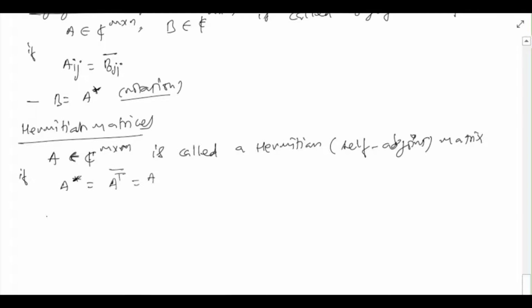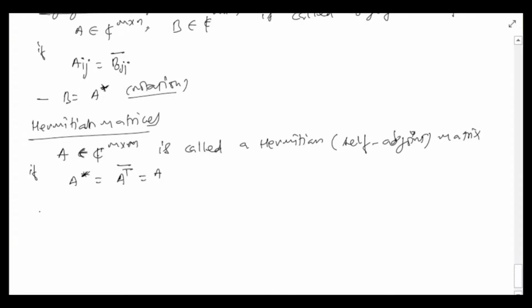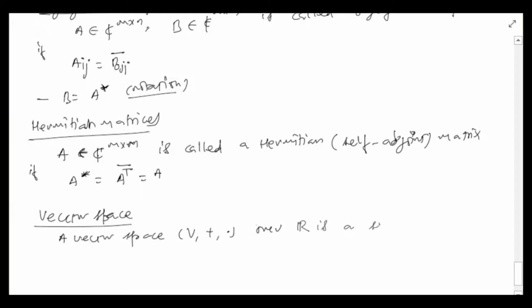Next, we will introduce the notion of vector space. So we define vector space over the set of real numbers. A vector space V over the set of real numbers R is a set V with two operations.